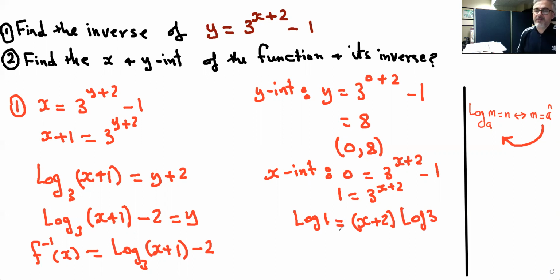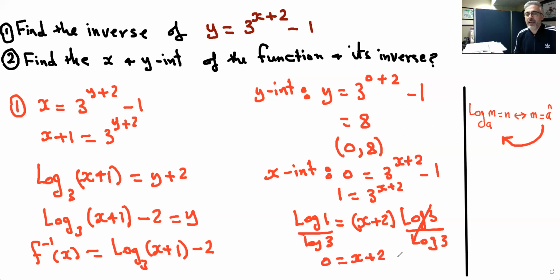Now I'll divide everything by log 3. And what I get, this cancels. Log 1 is 0. 0 divided by log 3, 0 divided by anything is just going to give you 0. So 0 equals x plus 2. And therefore, my x-intercept will be -2.